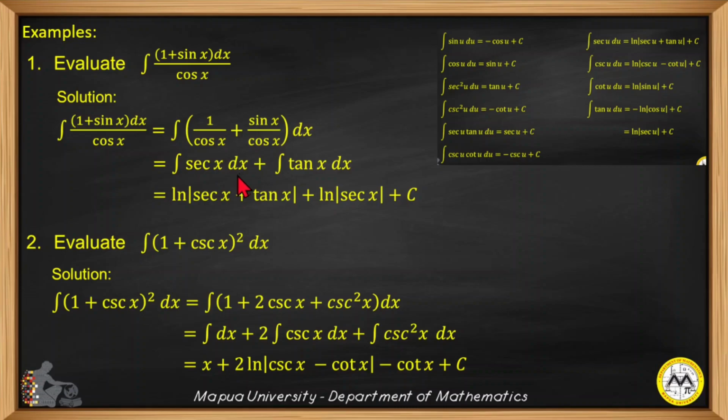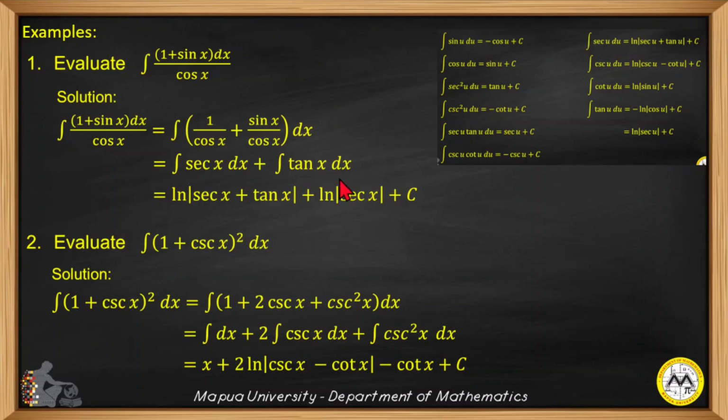Applying that formula, the integral of secant x dx is the natural log of the absolute value of secant x plus tangent x. Plus the integral of tangent x dx. Using the last formula, we have the negative of the natural log of the absolute value of cosine u plus c, or you can use the second formula, which is the natural log of the absolute value of secant u plus the constant c.